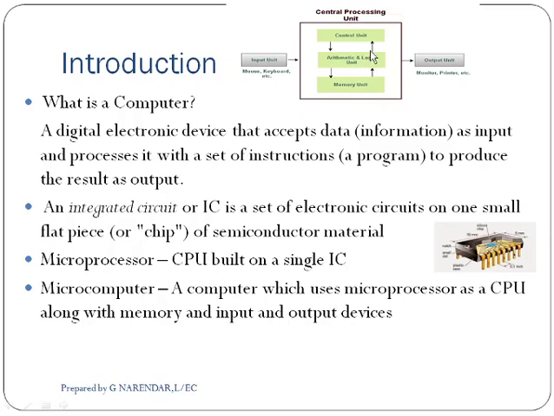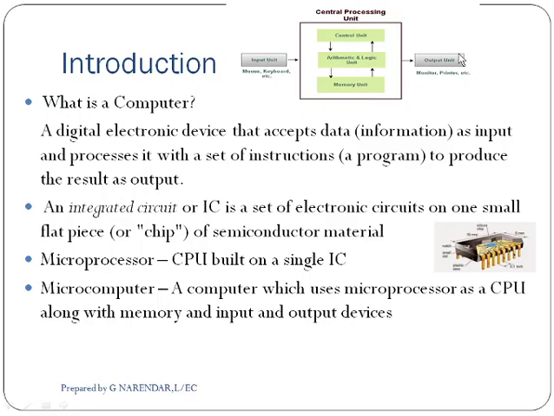The result of 2 plus 3 will be 5, and the result of the operation must be given to us by using the output unit. And here the output can be anything.